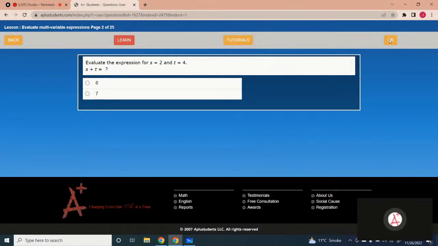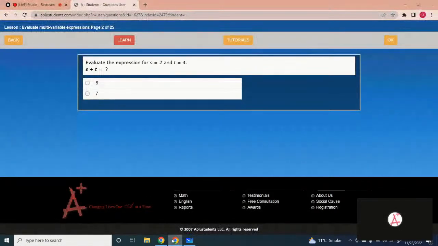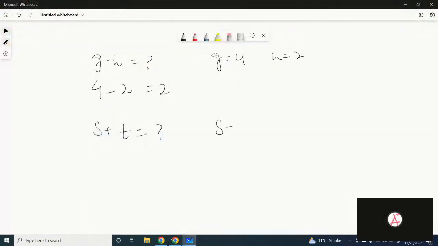Okay, evaluate the expression for s equals 2 and t equals 4. You have to find the value of s plus t, where s equals 2 and t equals 4.